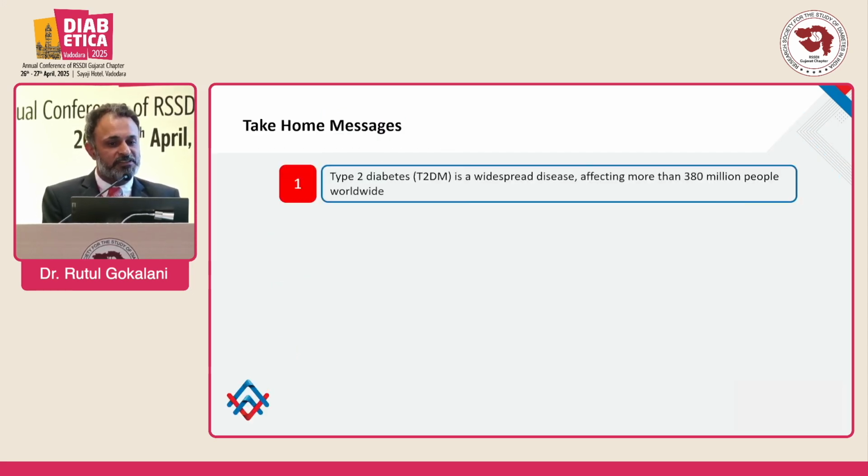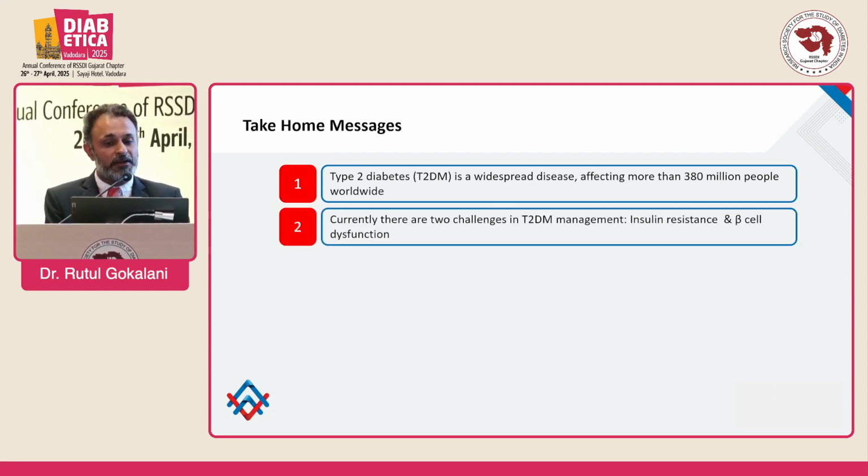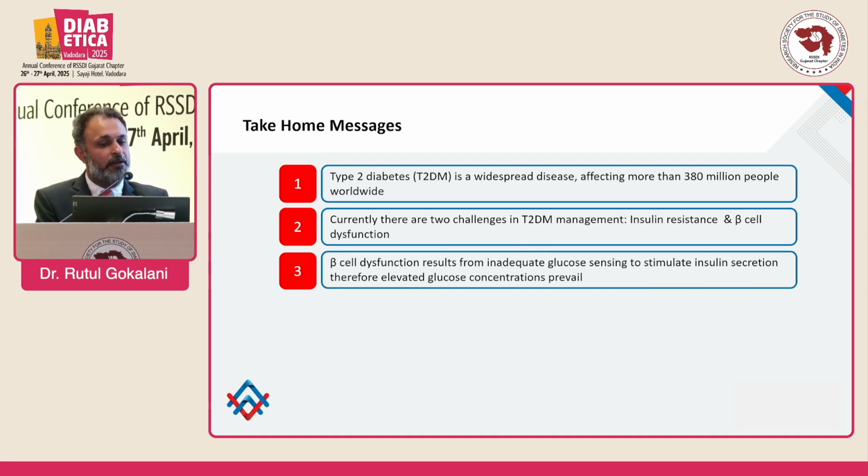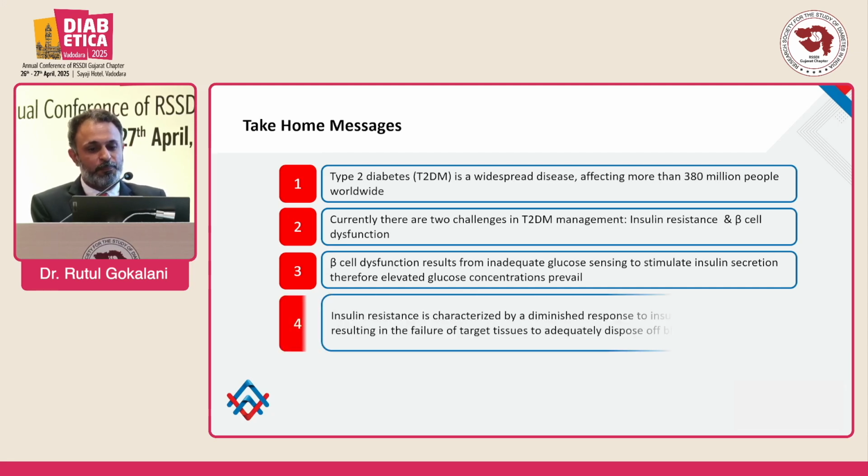So the take home message: type 2 diabetes is a widespread disease affecting more than 380 million people worldwide. Currently, there are 2 challenges in type 2 diabetes management: insulin resistance and beta cell dysfunction. Beta cell dysfunction results from inadequate glucose sensing to stimulate insulin secretion. Therefore, elevated glucose concentration prevails.